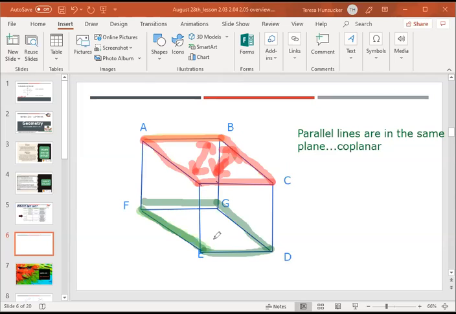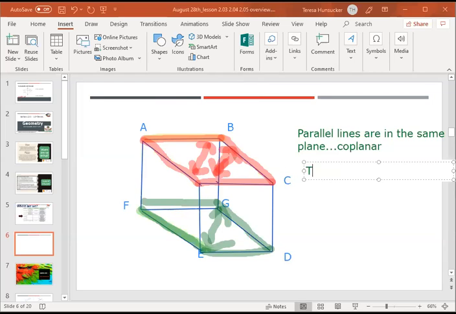Stumping the students. Is the green line parallel to the pink line? What do you think? Yes or no? Is it parallel? Come on, everybody. I got some yeses, I got some nos.